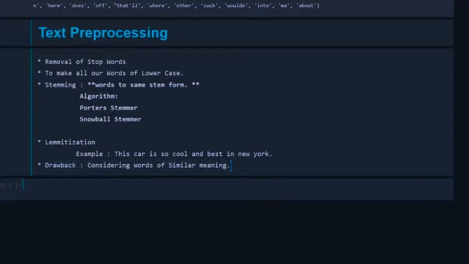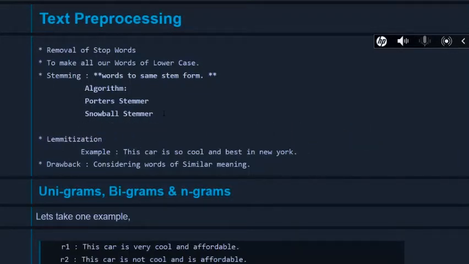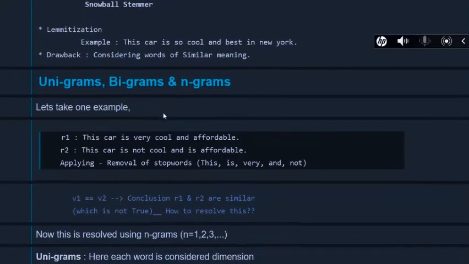So this is all we did today: text pre-processing, how it is done, and second, how the conversion of text to vector is performed. In continuation, let's proceed with removal of stop words using the above example. We already discussed lemmatization, right?